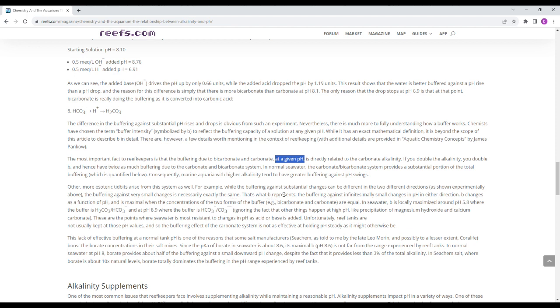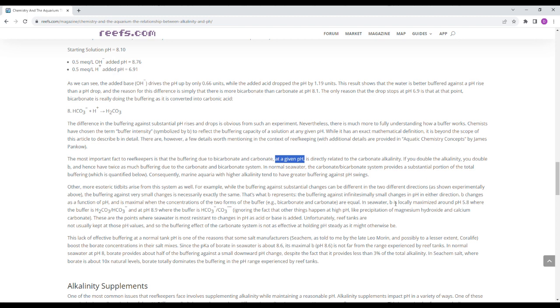That's what B represents: the buffering against infinitesimally small changes in pH in either direction. B changes as a function of pH, and is maximal when the concentrations of the two forms of the buffer, for example bicarbonate and carbonate, are equal.